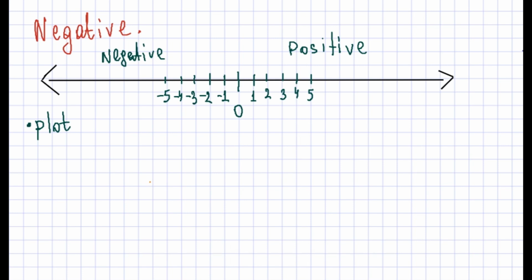As you see, the distances from 0 for corresponding numbers are the same. What do I mean? 1 is at a distance of one from 0. Negative 1 is also at a distance of one from 0.